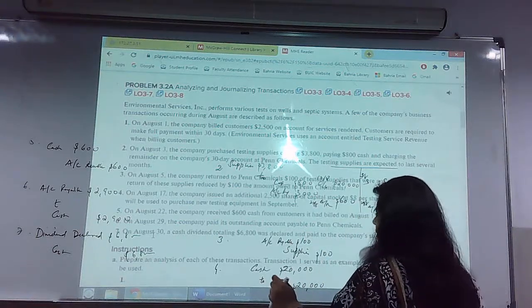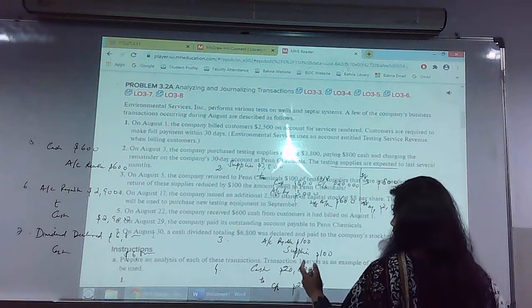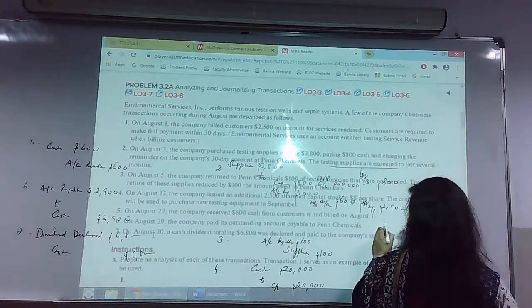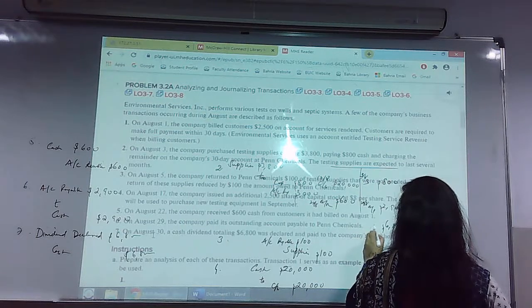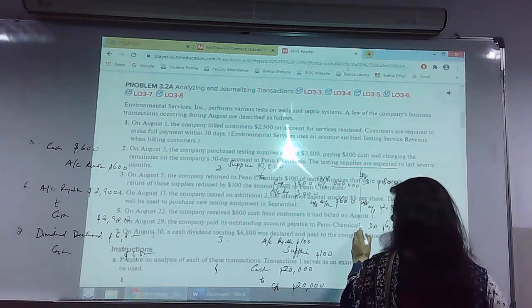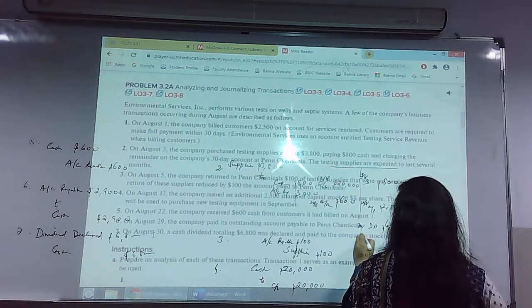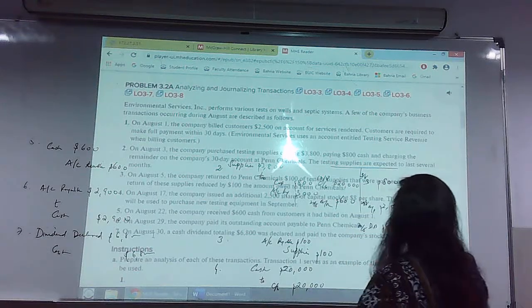Okay, and then you have against dividends, cash was credited 6,800 as dividend declared, and this was on 30th August. So that's about it.